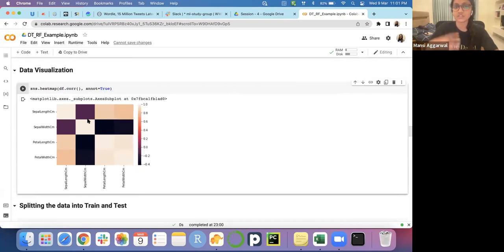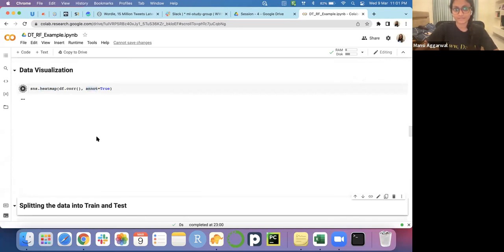Annotation in visualization means, do you want the numeric values of the visualization that has been plotted, the bar plot value, the histogram value, whatever. If you want the values of that particular visualization, it's called annotations. And adding annot equals True to the heatmap function, this is the parameter, will give you the numbers.